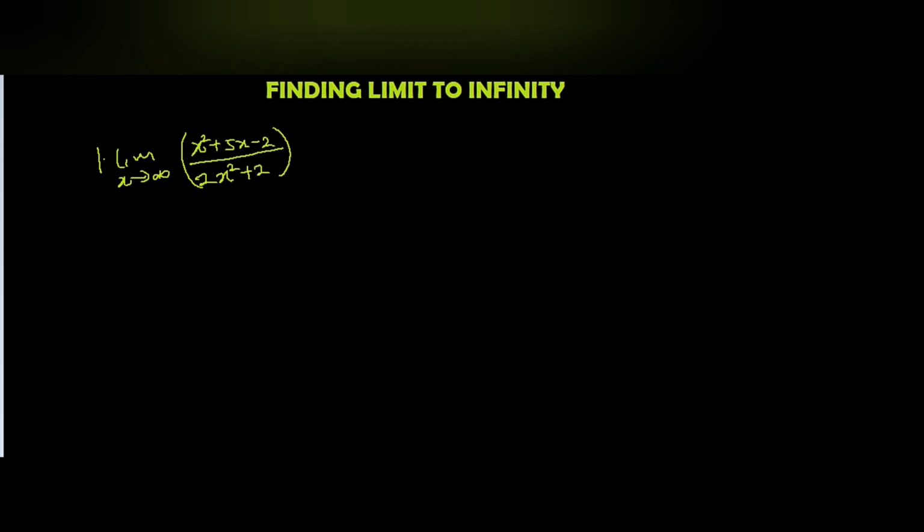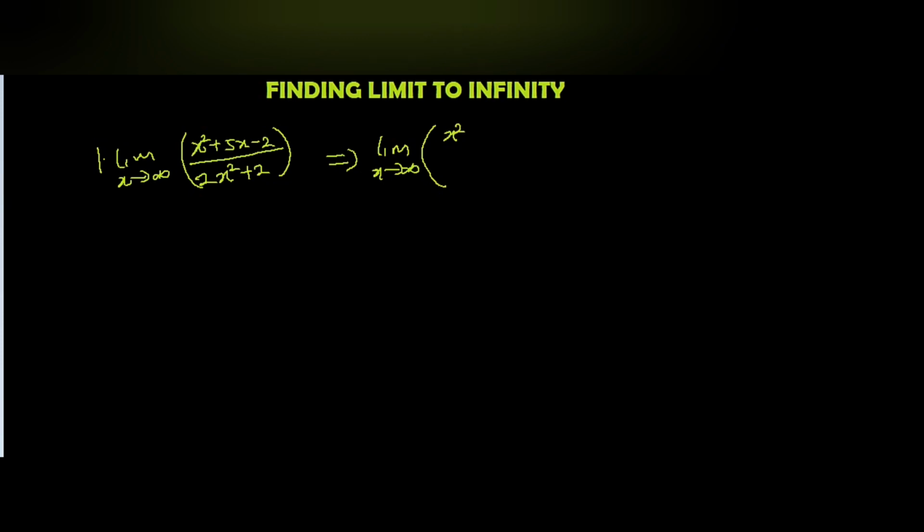So when you have to find a limit to infinity of a function, what you have to do is to divide the numerator and the denominator with the x with the highest power.